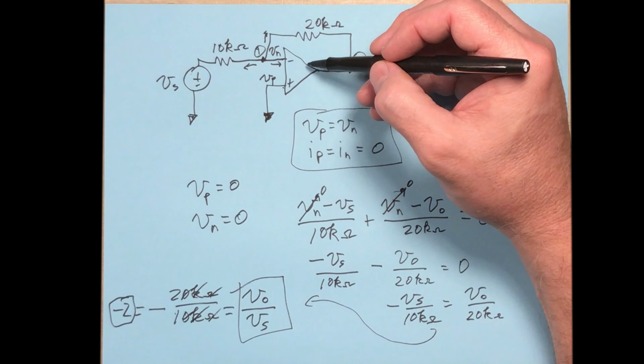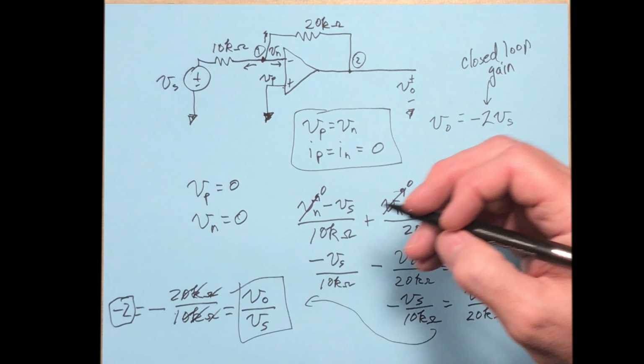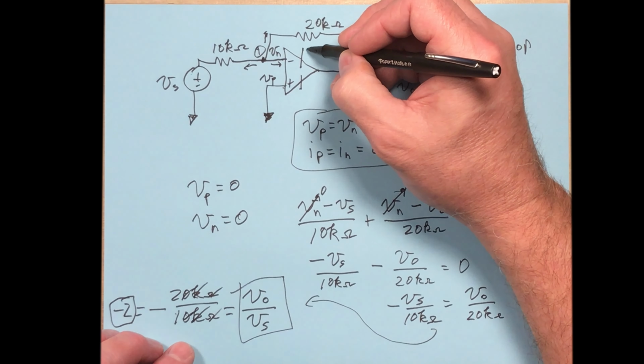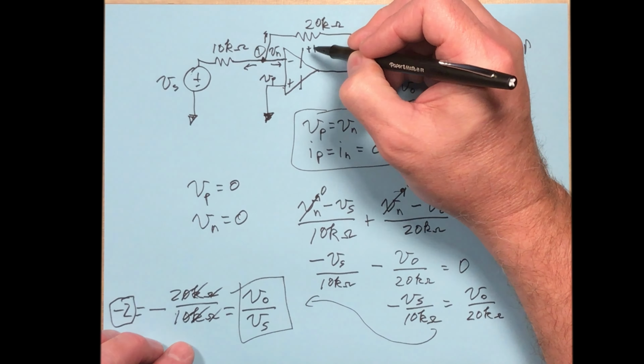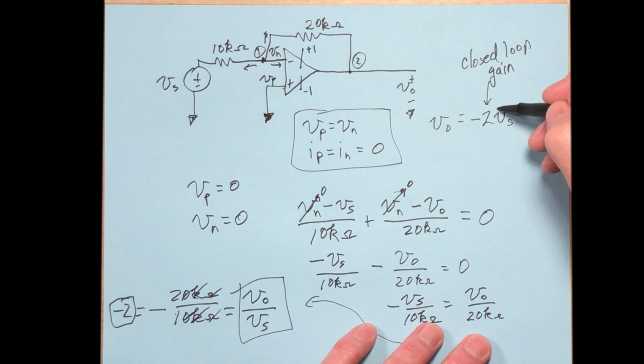Now in our problem here, we do not know the input voltages. But if we had known, let's say that this was plus 1 volt and this is minus 1 volt. Now the output, if the input V sub S was 1 volt, then times 2 is going to be negative 2.